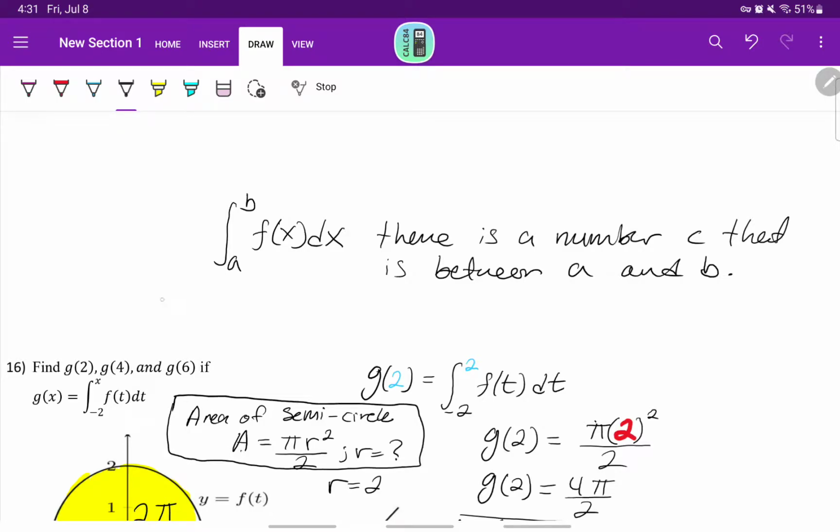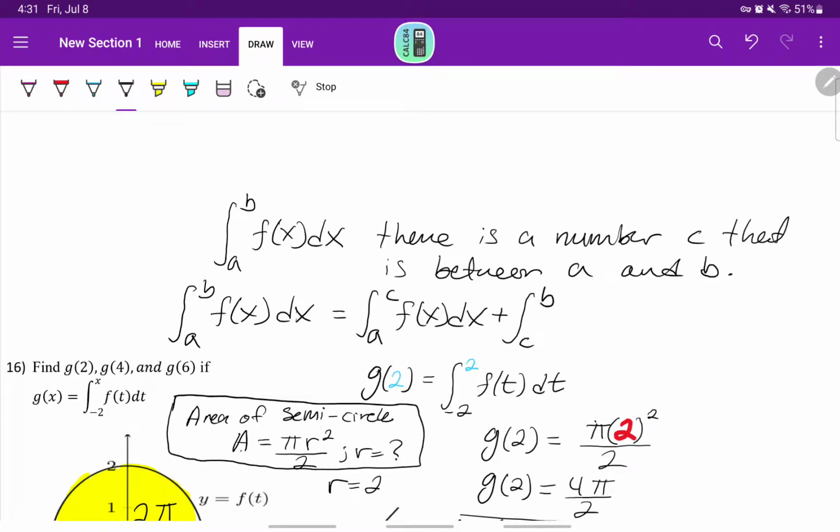Then we can rewrite the integral from a to b of f of x dx as the integral from a to c of f of x dx plus the integral from c to b of f of x dx.